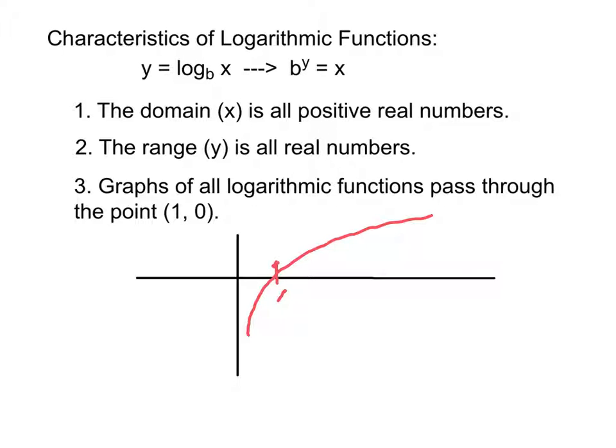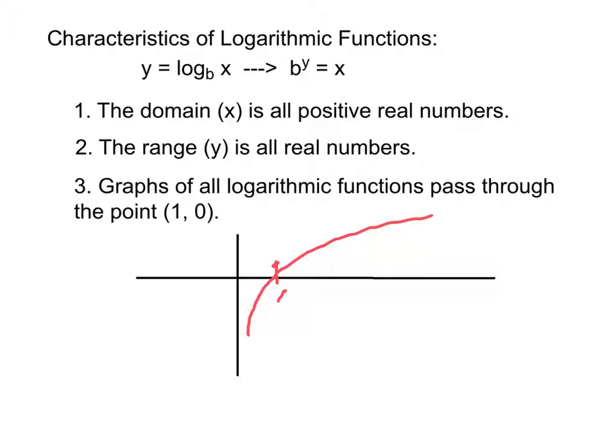It always crosses the x-axis at x equals 1, and it rises to the right at a slower rate, and it falls down to the left. Now, the y-axis is going to be a vertical asymptote here. It's going to get really close to the y-axis, but it's never going to equal it.